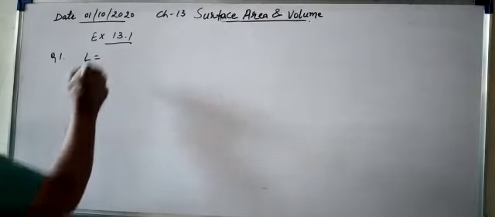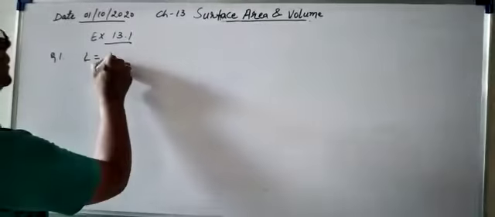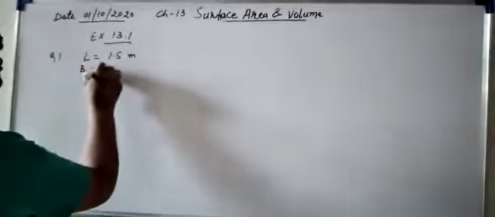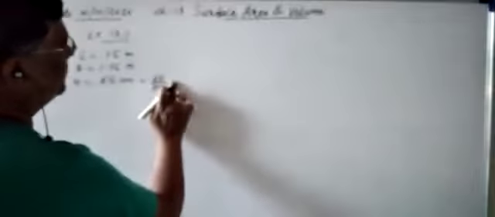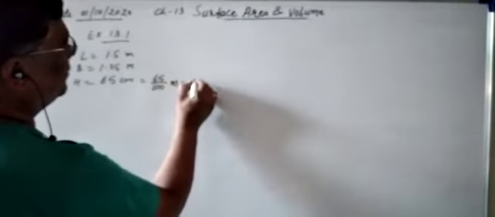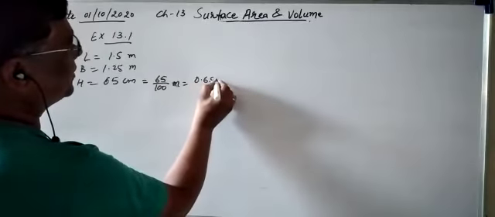The length is 1.5 meter, sorry, not centimeter. Then breadth is 1.25 meter, and height is 65 centimeter. That has to be converted into meter. So 65 divided by 100, that will be 0.65 meter.